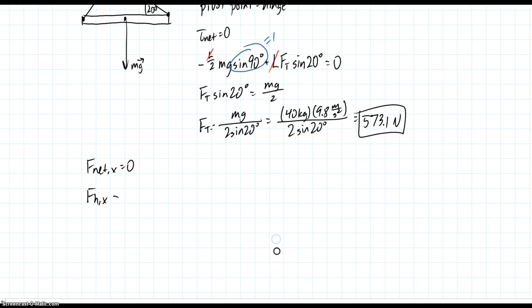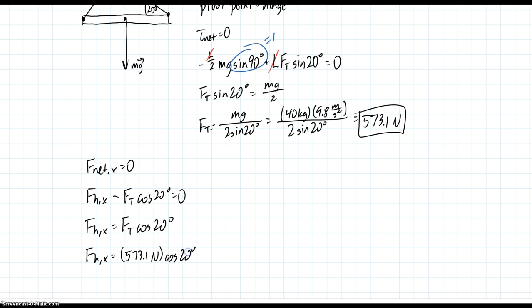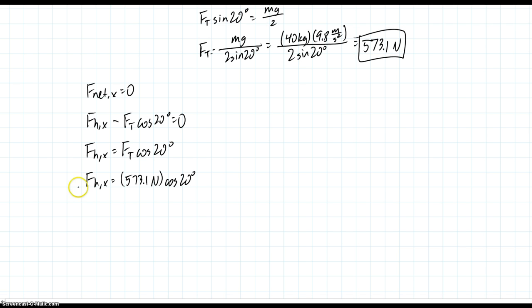So we have F of h in the x direction minus tension cosine 20 degrees equals 0, or the x component of the force from the hinge equals F sub t cosine 20, and plugging in the magnitude of the tension that we just found, we would find that the force from the hinge has an x component of 538.5 newtons.